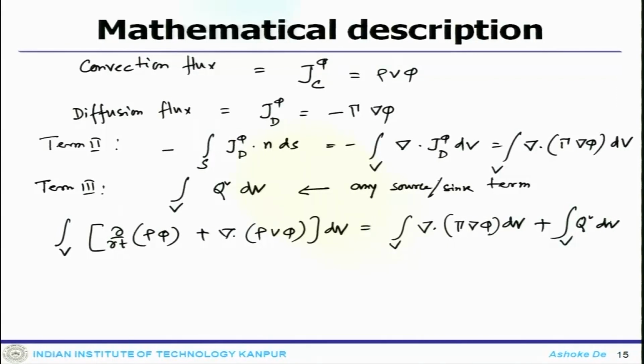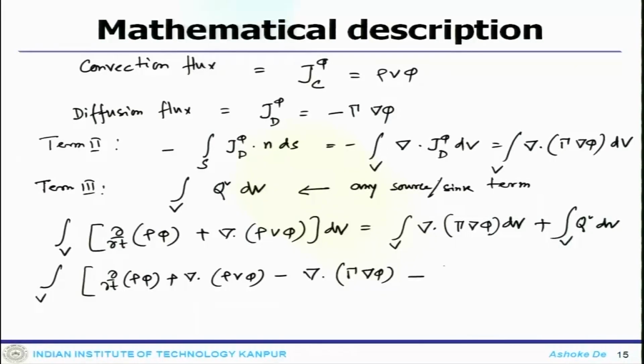So you take everything over one integral and then you can write rho v phi minus del dot gamma del phi minus q dV equals 0.